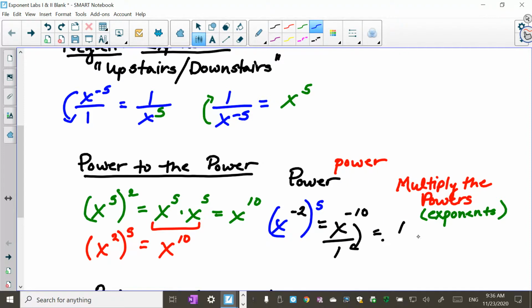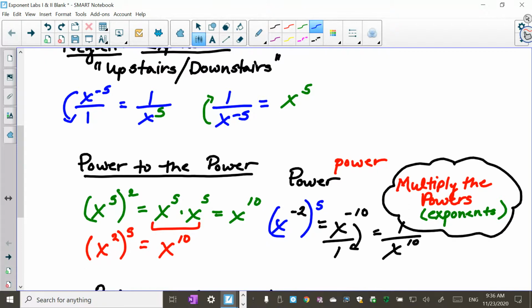That's 1 over x to the 10th. So that's kind of what I'm talking about on this lab, is you're going to do work, but you're going to do several steps to get to the answer. Something like this, I could do and write it like this, but some of these other ones you're going to have to move around. So there's power to the power. So you're going to multiply your powers or your exponents to come up with your answer.